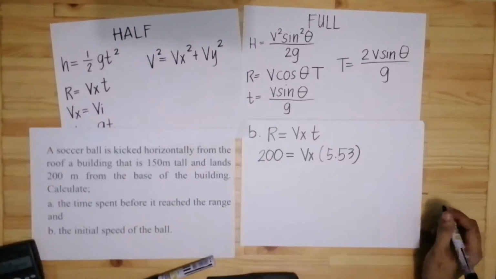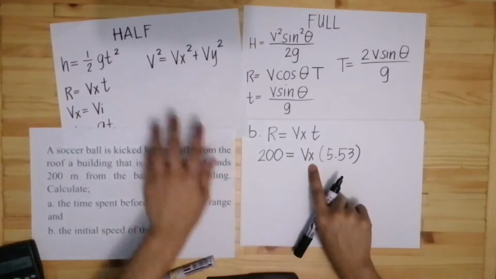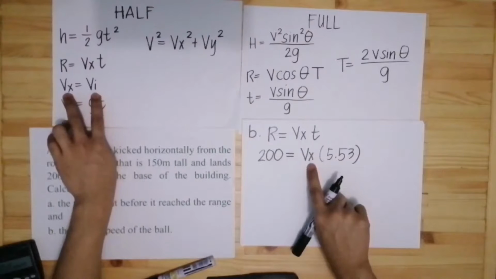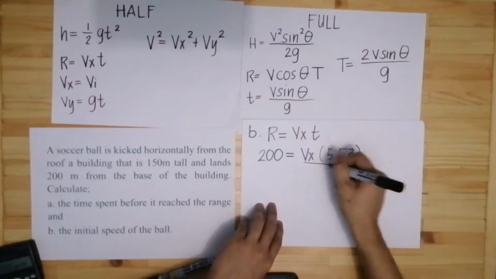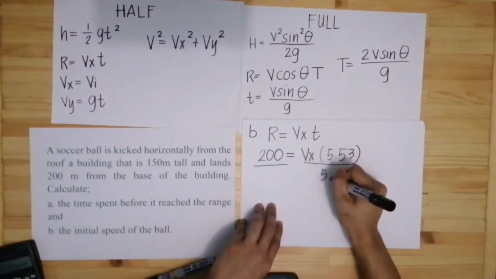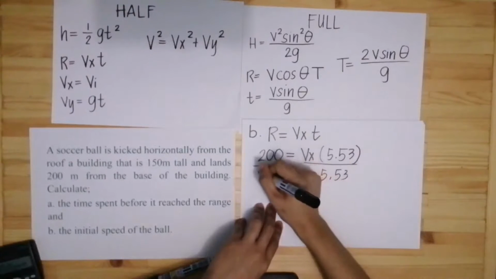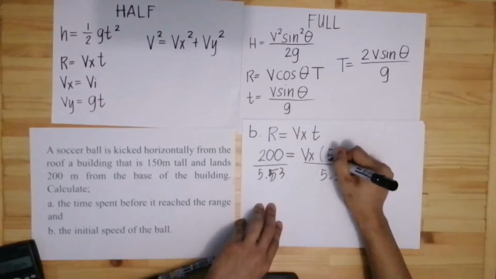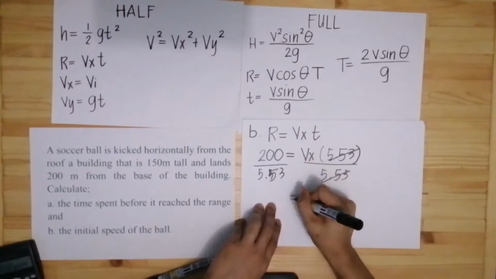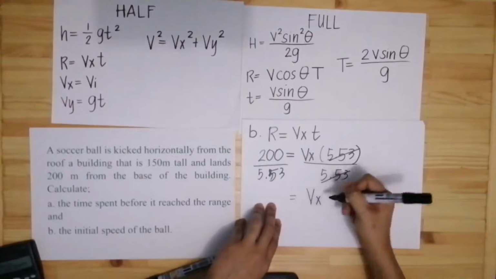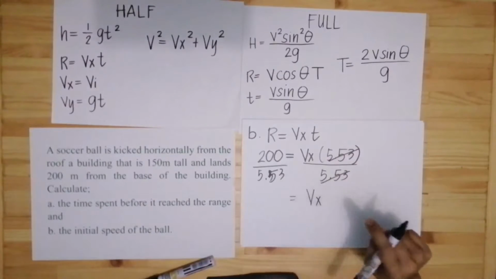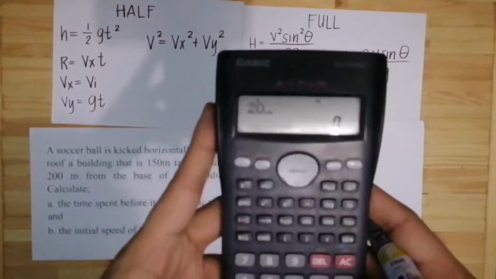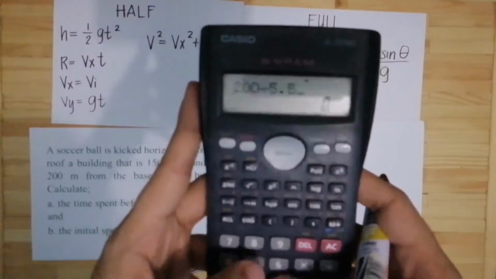That's it. Then, to look for the initial velocity or the Vx, kasi nga Vi and Vx magkaparehas lang yan. So, yan din yung initial velocity nyo. Divided both sides by 5.53. Cancel natin yan. So, the initial velocity or the Vx is equal to 200 divided by 5.53.